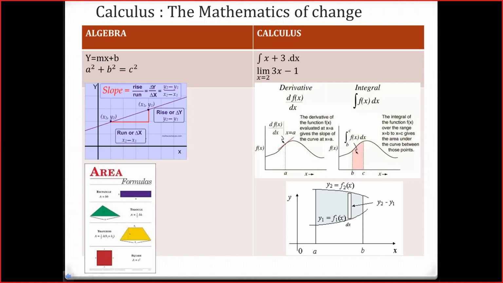But in calculus, you deal with complex shapes, like this shape as you see here. This is just an introduction. Calculus is where you deal with change. You do not deal with a direct shape or an easy shape; here you deal with complex shapes.